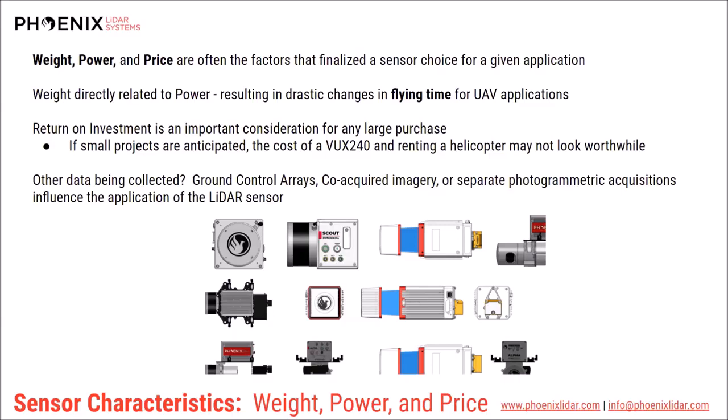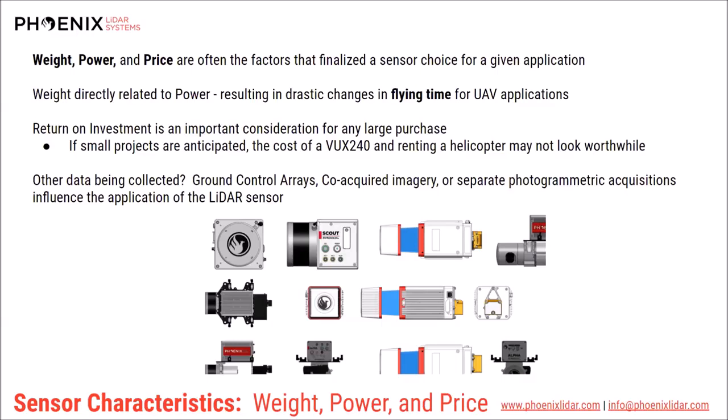The balance of the range and field of view with this idea of weight and power and flight time is important to note. A sensor may be able to collect large areas over a given period of time, but might have a very short flight time on a UAV, effectively reducing the acreage available to be scanned in a single flight.